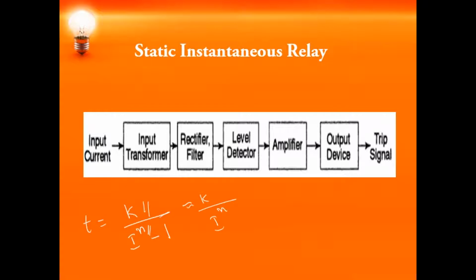So this n, in the case of electromechanical type relays, can have a maximum value up to 2. It cannot go beyond that. You might have seen in extremely inverse, it is I square minus 1. Whereas in the case of static relays, we can get a characteristic wherein the operating time is given by k I to the power n, where n can have a value greater than 2.